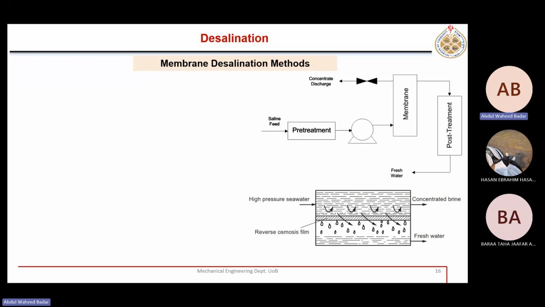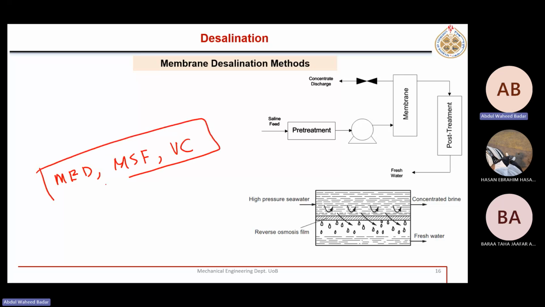Okay, let's go to the next system. So far, the previous three systems, MED, MSF, and vapor compression, all are considered or known as thermal desalination systems because we were heating the seawater to evaporate fresh water or pure water.